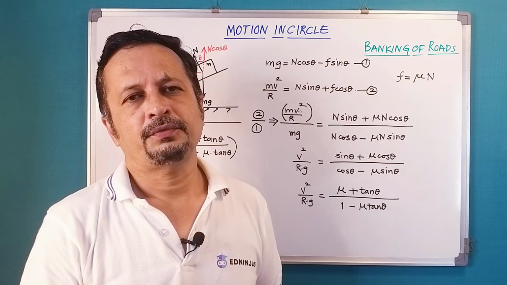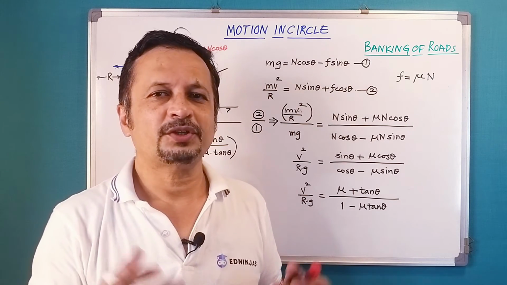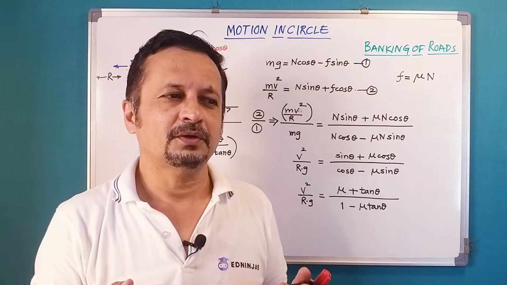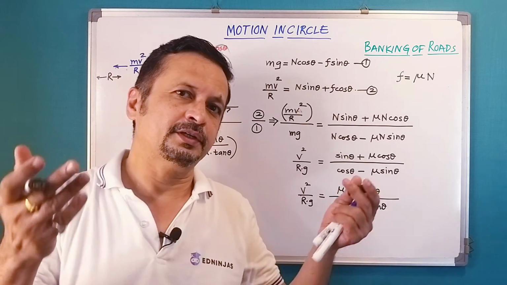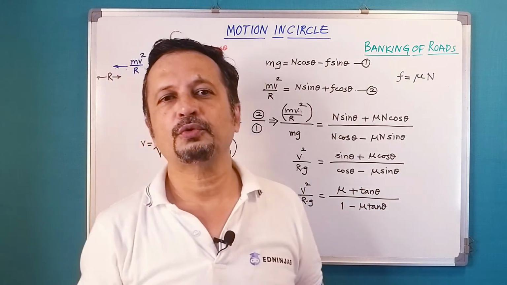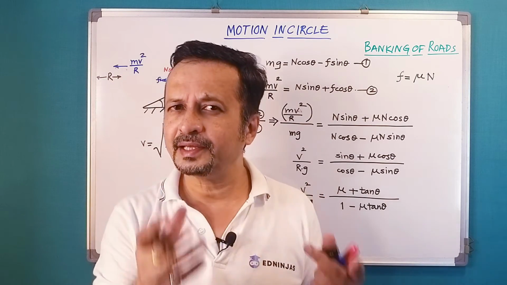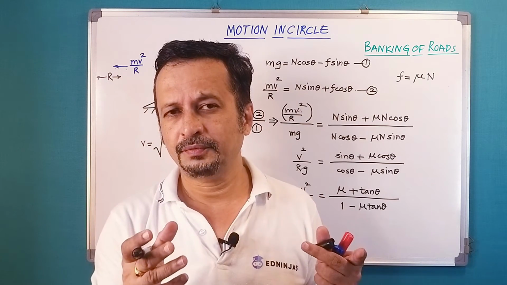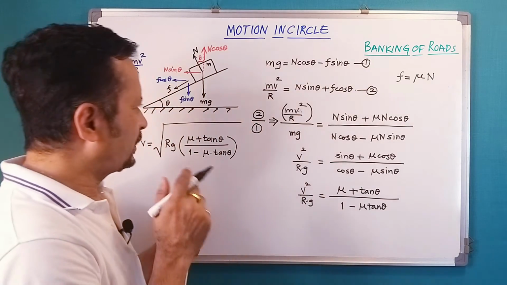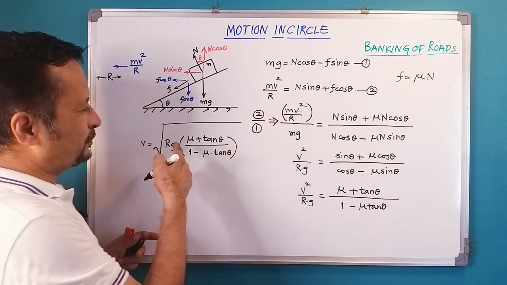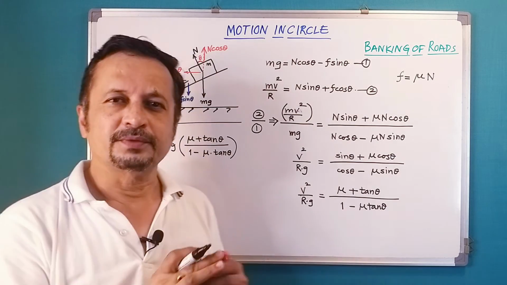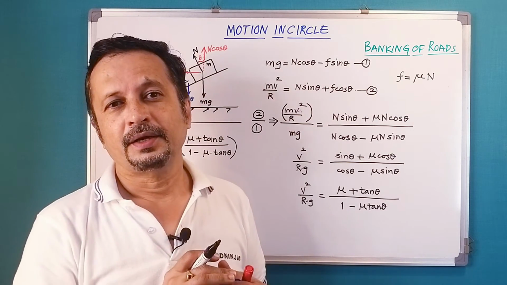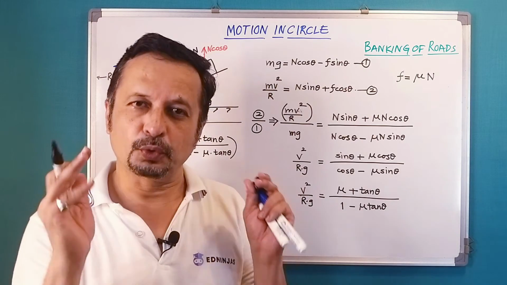Now we really need to understand what is the gain out of the whole exercise. What we did is we raised the outer edge of the road over the inner edge, but are we gaining anything? We need to understand that. If you look at this expression, suppose my angle of banking is 0.